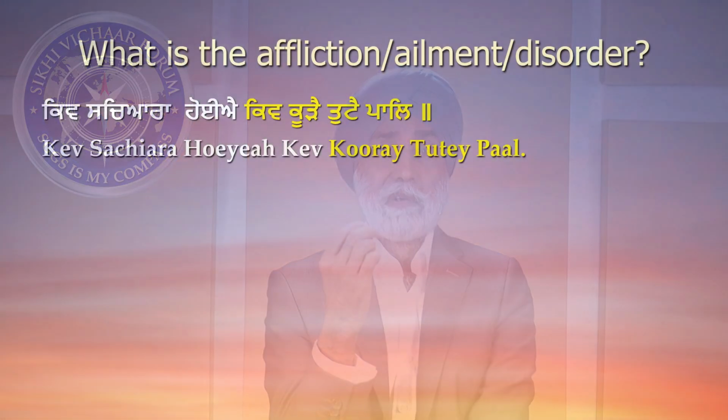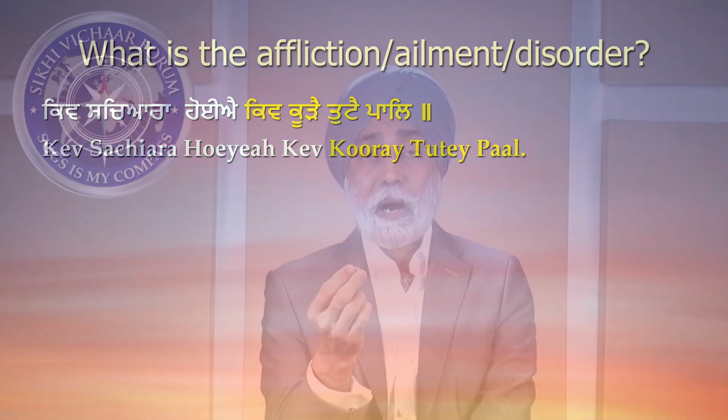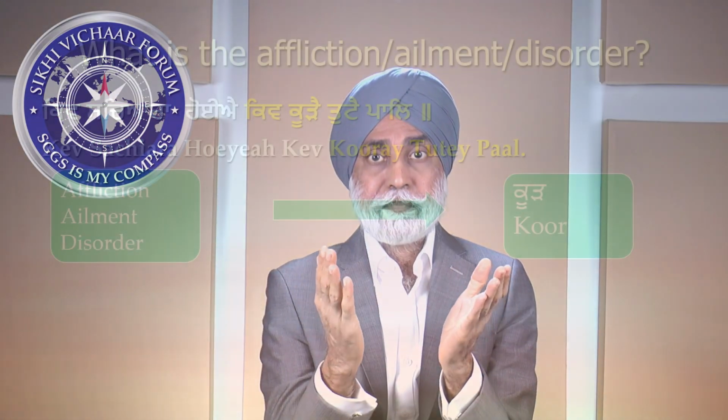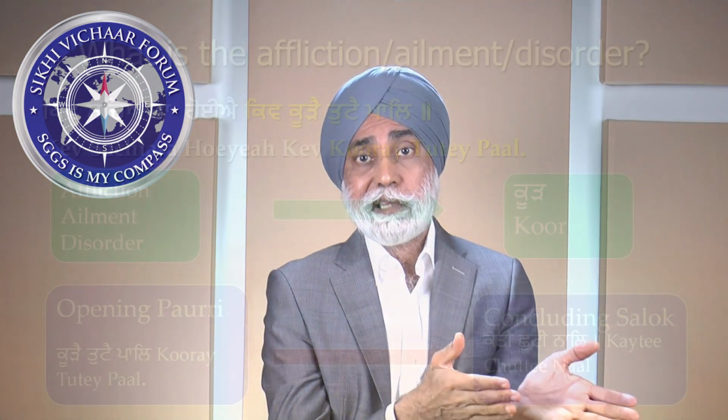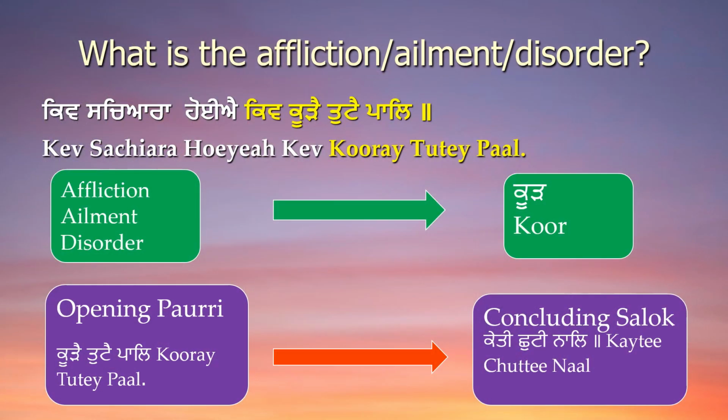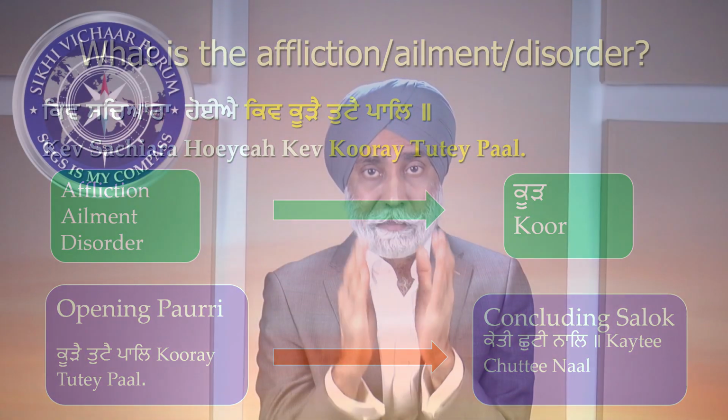The answer to that question is found in the first body of Japabani. In this verse of the first body, Kev Sachara Hoya, Kev Kure Tutte Pal. The affliction is Kud. The opening pauri has the verse Kev Kure Tutte Pal, meaning how is the affliction of Kud going to be eliminated? And the concluding slok says Keti Chutti Nal, meaning the affliction is thus eliminated this way.